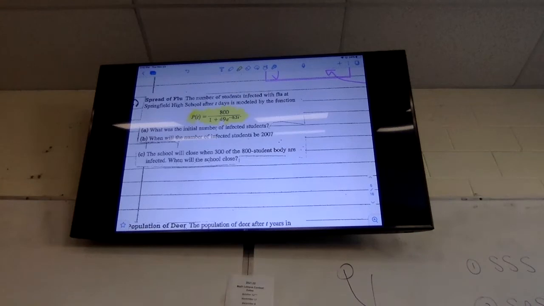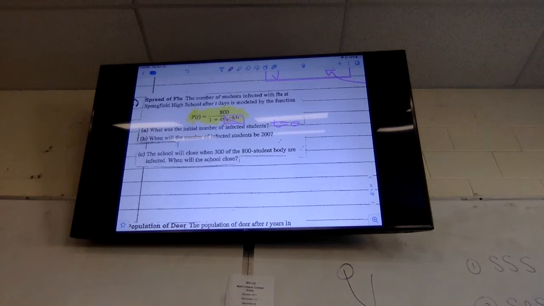How do we find the initial number? That's like the y-intercept. How would you find the y-intercept of something like this? Plug in 0. Good job. Thank you. Plug 0 in for t. Now, if I plug 0 in for t, this e raised to all of that nonsense is going to be like e to the 0, which just becomes a 1.